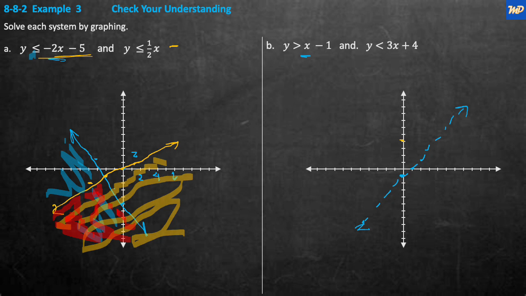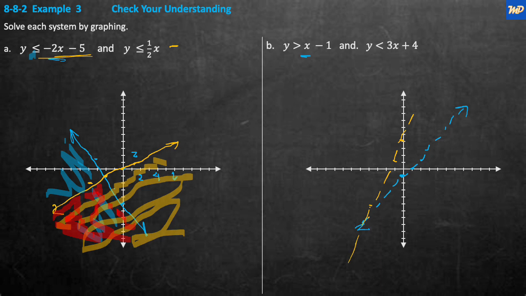Okay, and our slope is 3. So it goes up 3 and to the right 1, or in our case, we're going to go down 3 and to the left 1. Okay, 1, 2, 3, to the left 1. So if I could draw it, we're going to see that this dashed line goes through here.